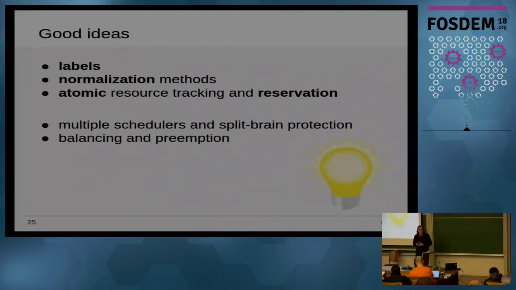And then the most important part of everything is atomic resource tracking and reservation. I mean, you really can't have a scheduler without that. Depending on what you need, you have multiple schedulers, spread protections, and balancing and preemption. We've discussed that, but those depend on what you actually need for your use case.